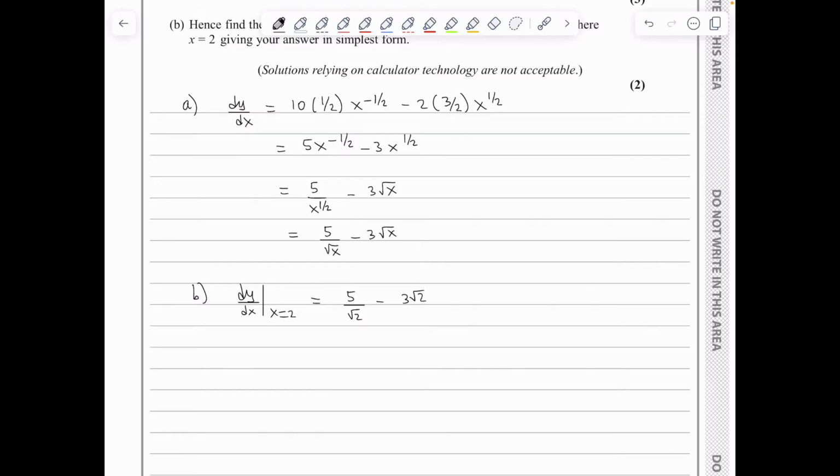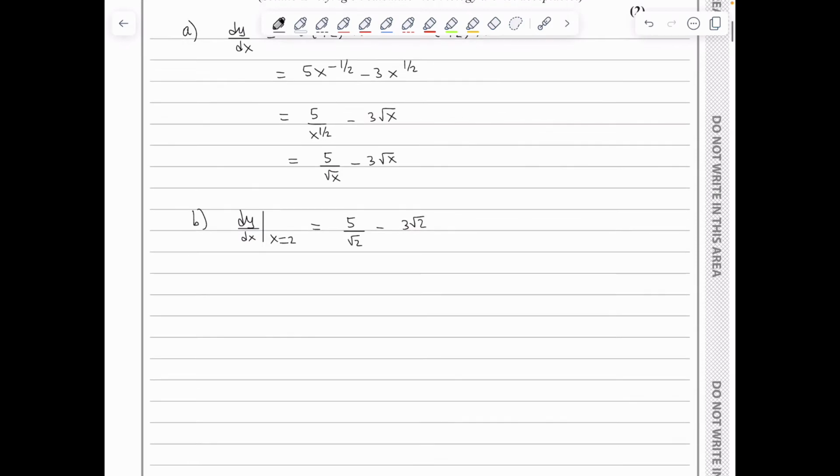I need to rationalize the first fraction here, so I will multiply top and bottom by root 2. So it's 5 over root 2 times root 2 over root 2 minus 3 root 2, leading to 5 root 2 over 2 minus 3 root 2. So this is simply minus a half root 2.